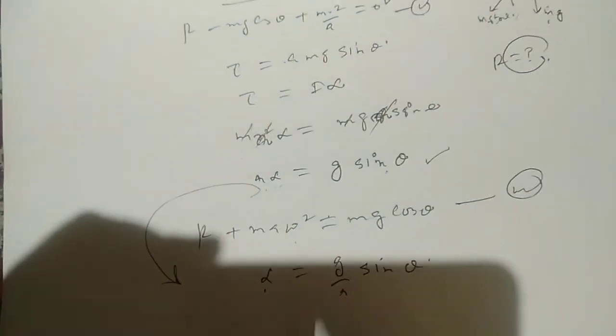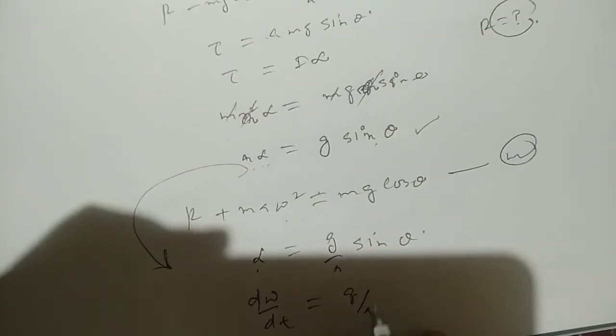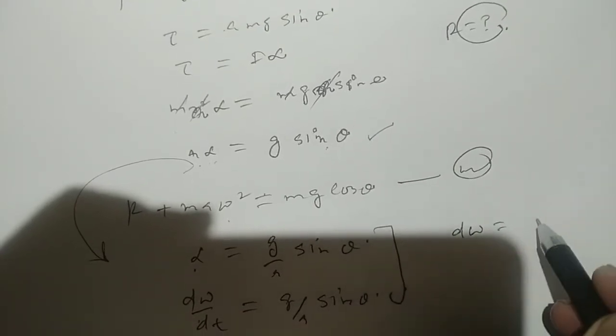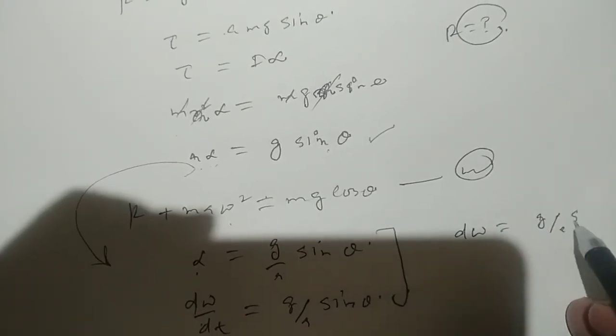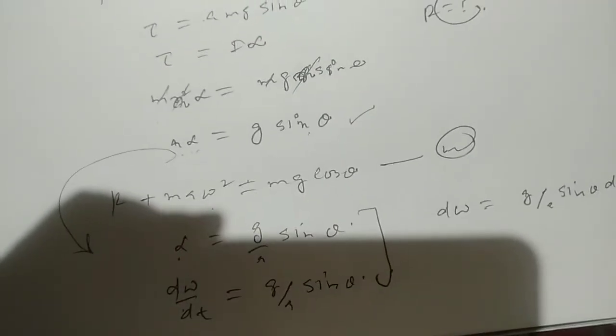Okay, I know that the angular acceleration will be d omega by dt, it will be g by a sine of theta. Okay, here what I have is d omega will be g by a sine theta dt.